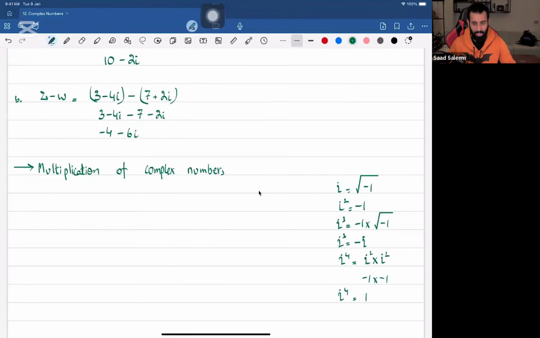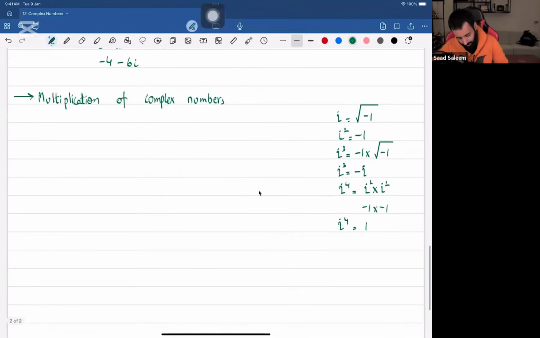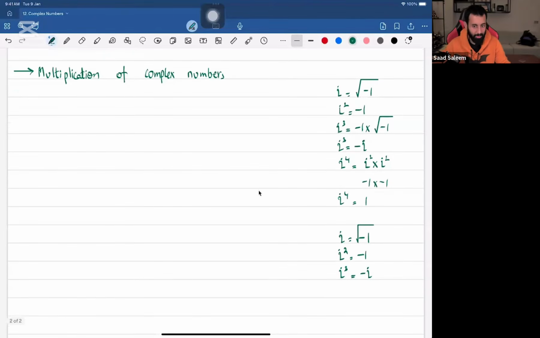So the standard pattern is that iota is equal to the square root of minus 1, iota squared is equal to minus 1, iota cubed is equal to minus iota, or minus the square root of minus 1, up to you how you want to write it, and I power 4 is equal to positive 1. So this pattern continues.